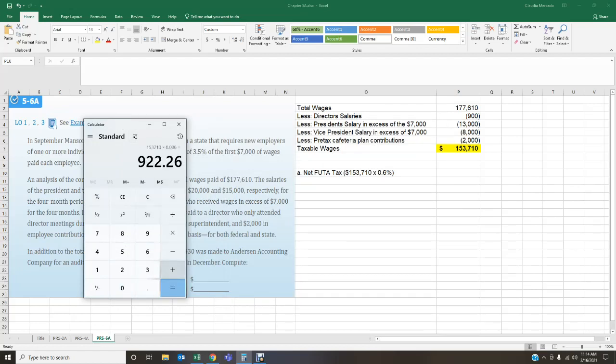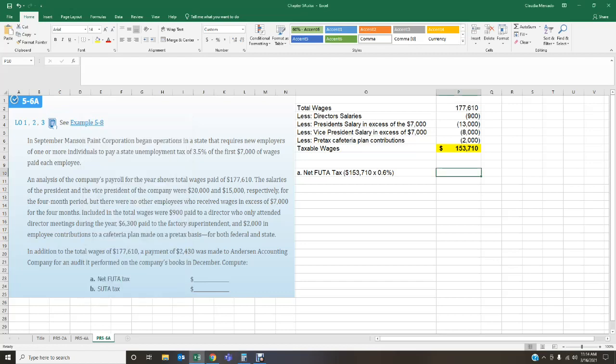That gives me 922.26. Okay. Very good. So all we do is we multiply the taxable wages times the tax rate of 0.6% for FUTA. The key here is to calculate your taxable wages. Make sure that you deduct the items that should not be included.